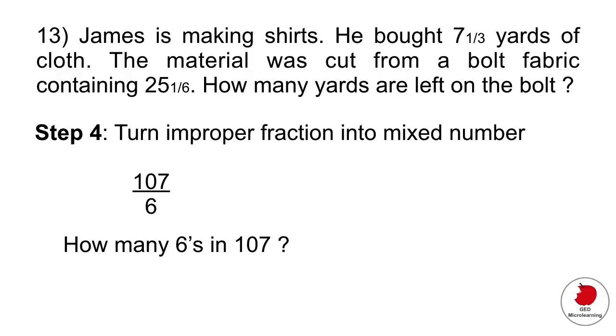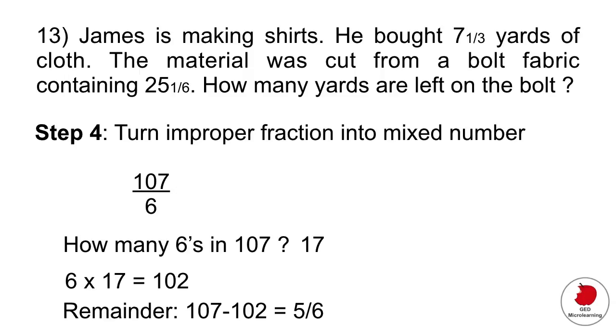Okay, so we know that there's 17 6's in 107. So if we multiply 6 times 17, that gives us 102. And then this is the number that is going to be useful to find the remainder.